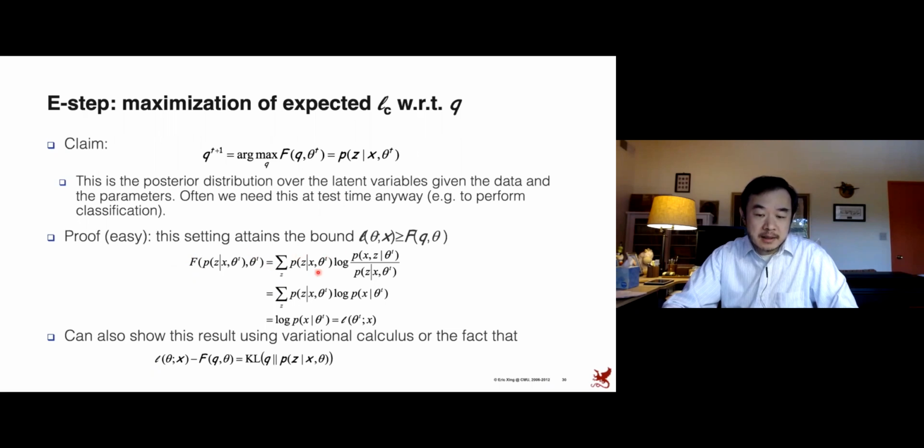F is a general term, which could depend on the choice of Q. Now let's say we set Q to be P of Z given X. Out of all possible distributions of the hidden variable Z, we choose that distribution to be P of Z given X, the posterior of the hidden variable given the observation under the current estimation of the model. Now let's plug this into F.